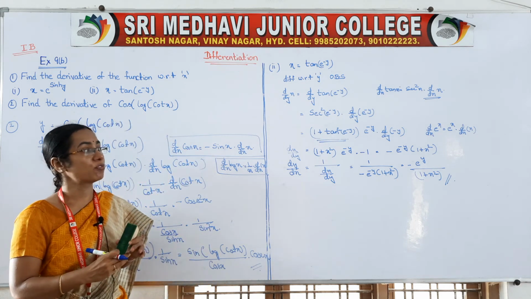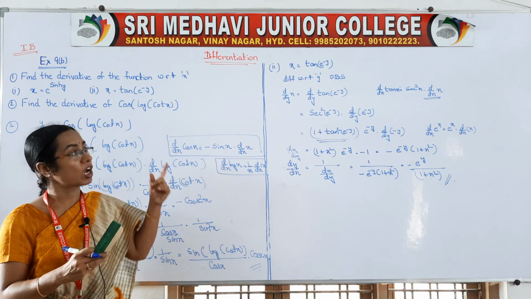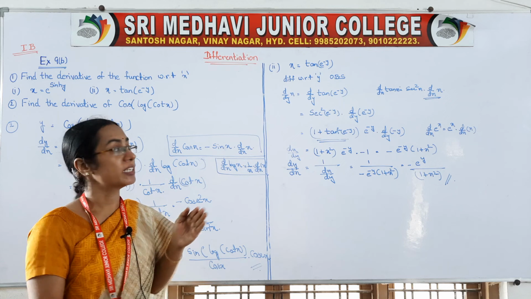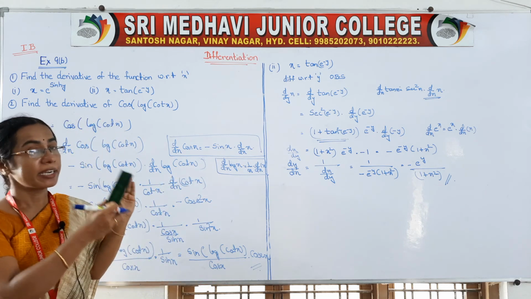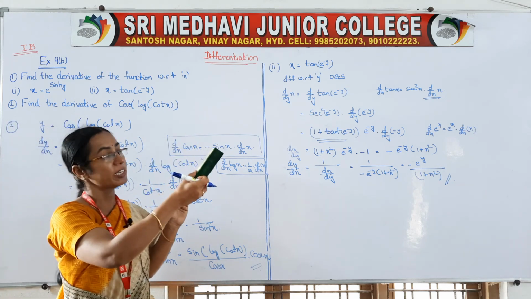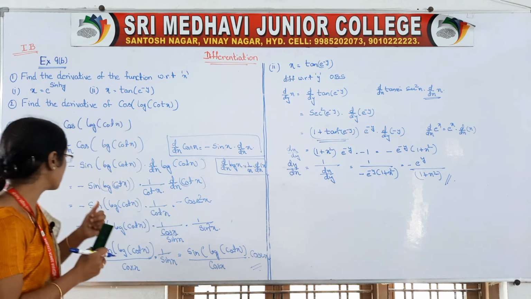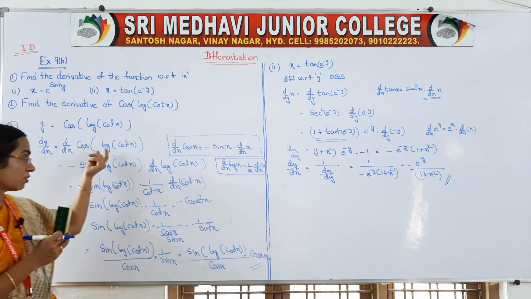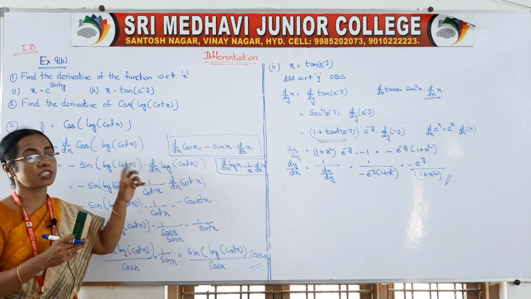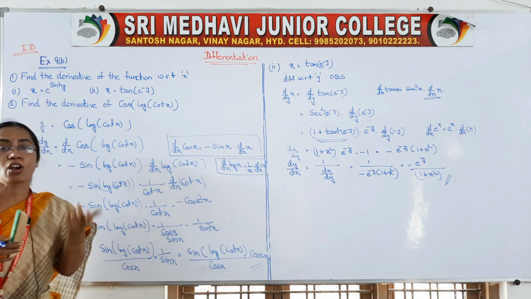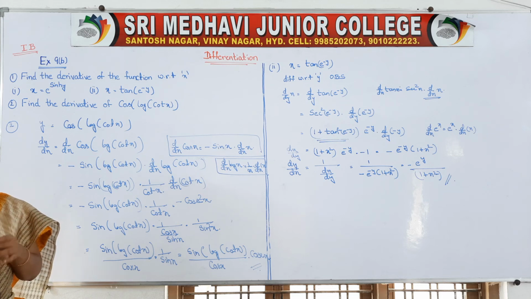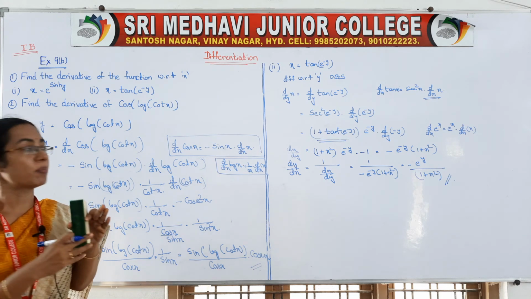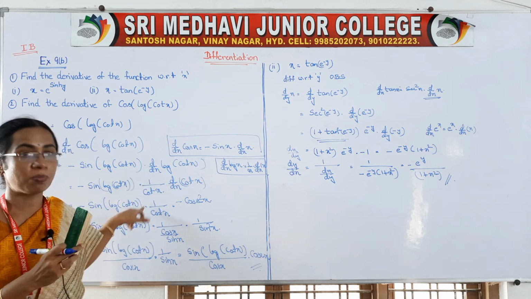So be careful while doing these problems. Not only one time we are doing it, we are doing it like a chain. First we have taken tan function, next we have taken e to the power of y function. So here also, first we have taken cos function, after that we have to do with log function, after that we have to do with cot function. If we take that formula exactly, d by dx of that variable, then only we can solve problems like this.